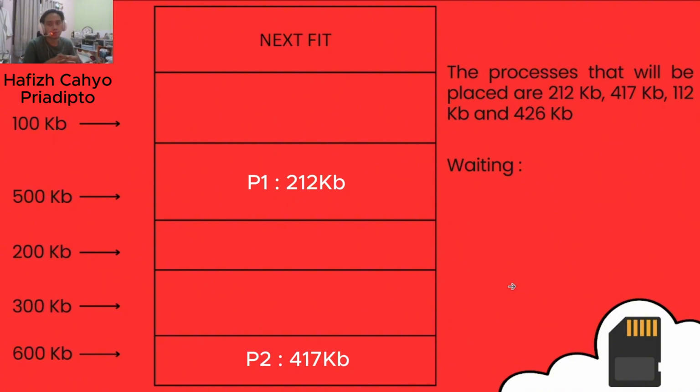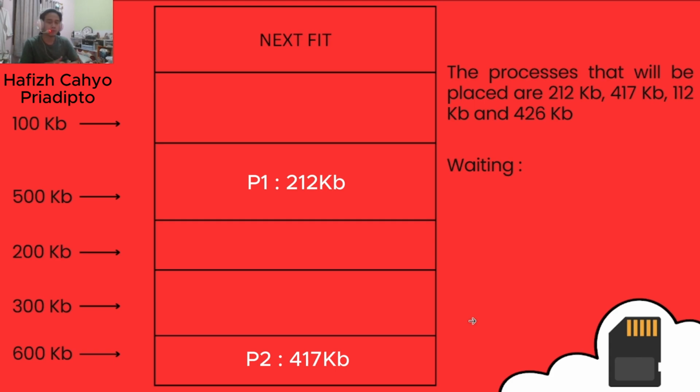By default, next fit uses circular search, because with circular search there is a loop, so it can start again from the first column.